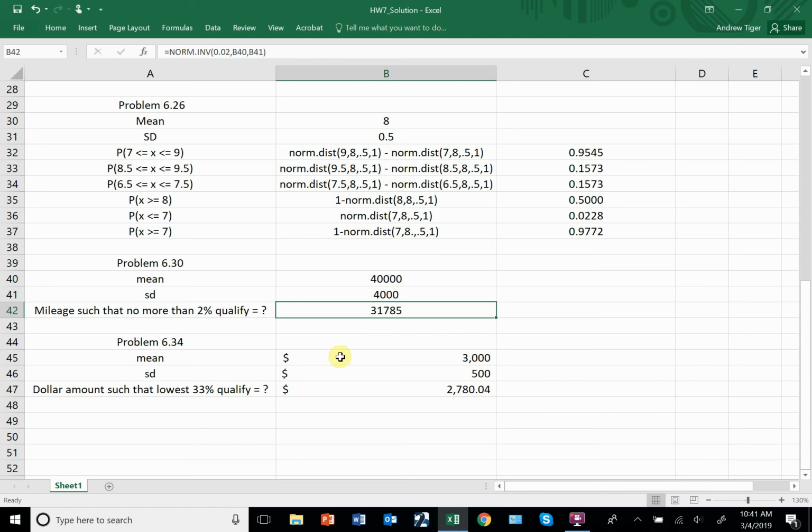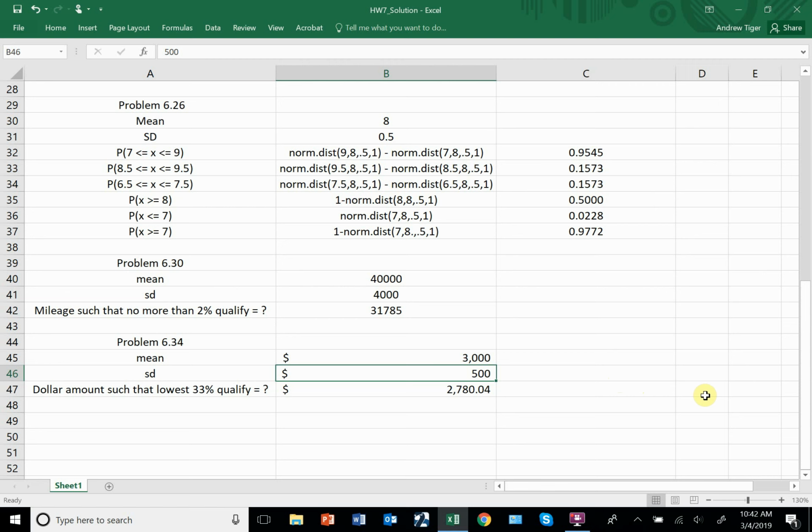Problem 634, it's exactly like this problem. We know that the healthcare cost for someone averages $3,000 per year with a standard deviation of $500, and it's normally distributed. The insurance company wants to be able to offer a premium deduction, but only if their healthcare cost is low.